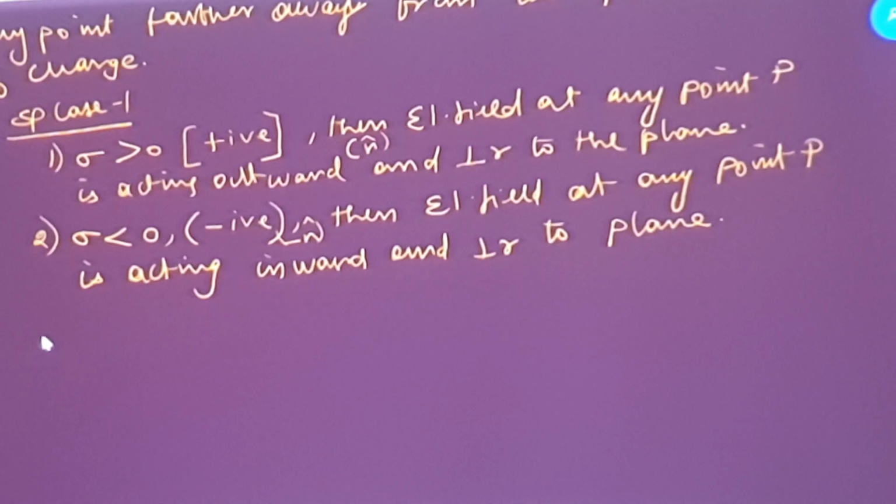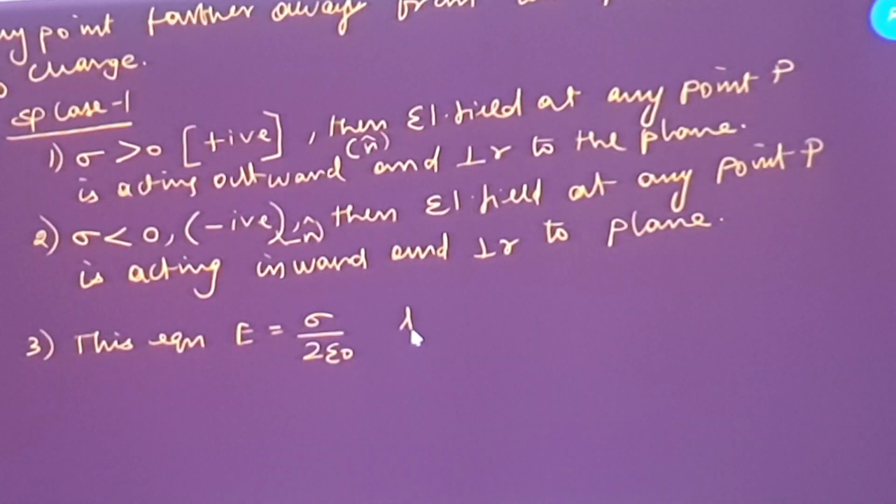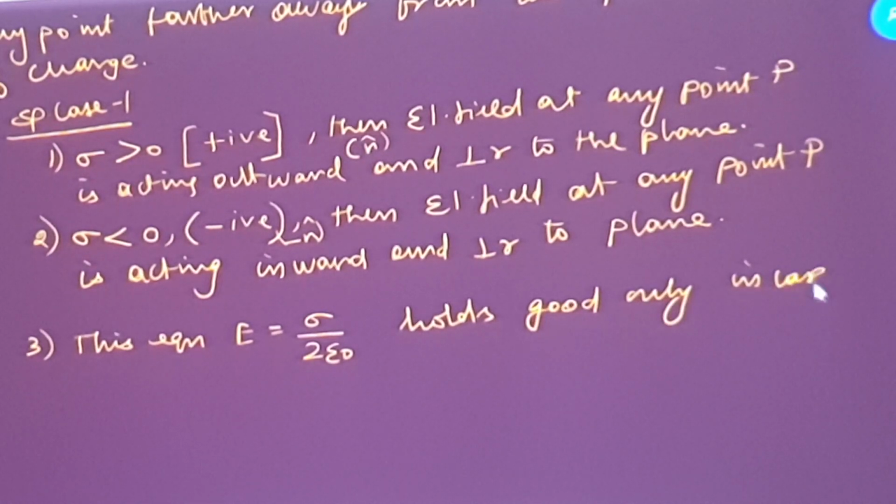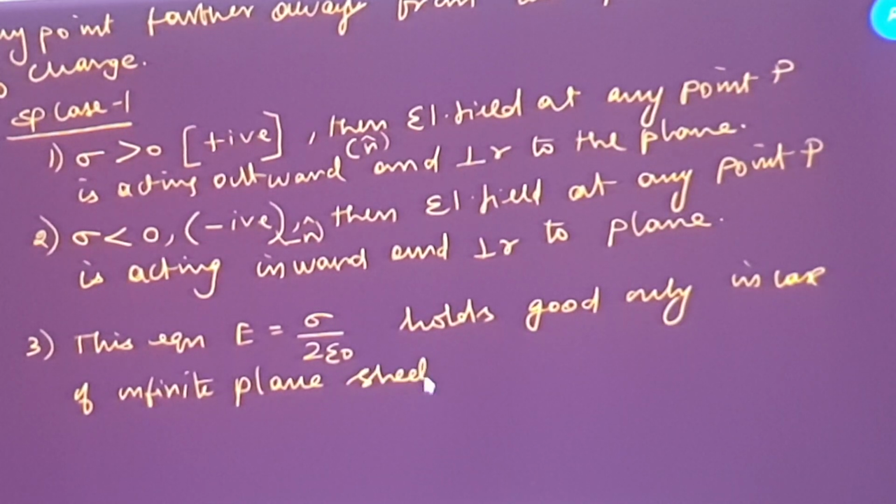Let us go for the next one, point 3. This equation that I have derived, E is equal to sigma divided by 2 epsilon 0, holds good only in case of an infinite plane sheet.